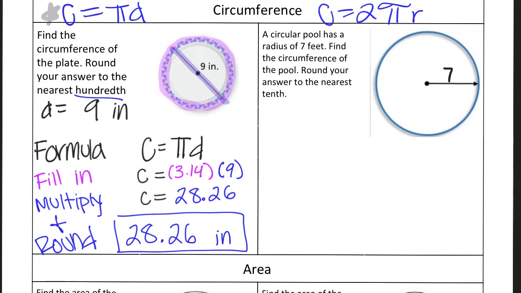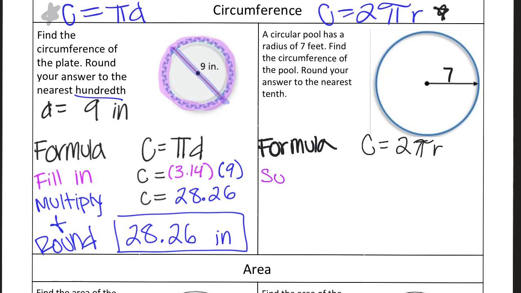So I can use this equation. So I'm going to write my formula. So the circumference is 2 times pi times the radius.